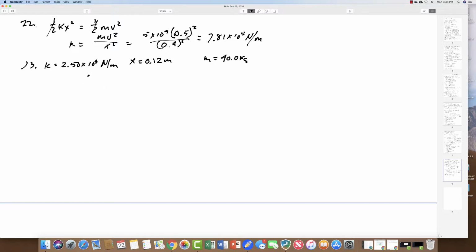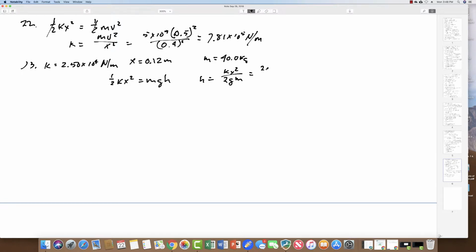Well, we have a similar equation, but now we're converting the spring's energy into potential energy. So it's going to be 1/2 kx squared is equal to mgh. And we've solved this for h, so h equals kx squared over 2 times g times m.